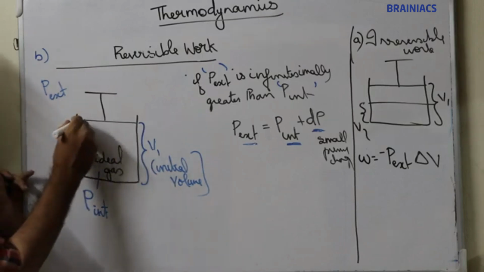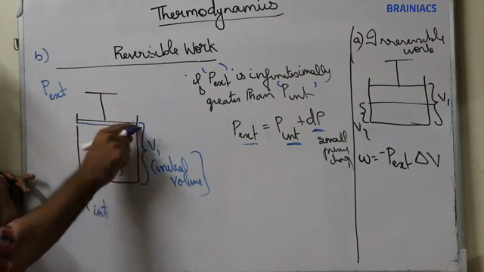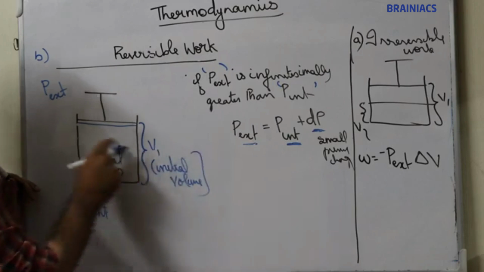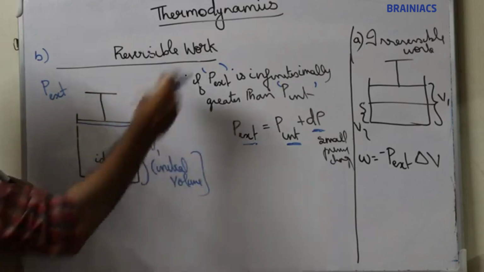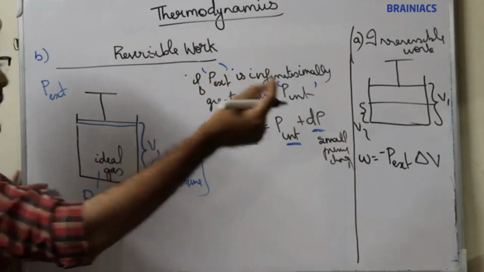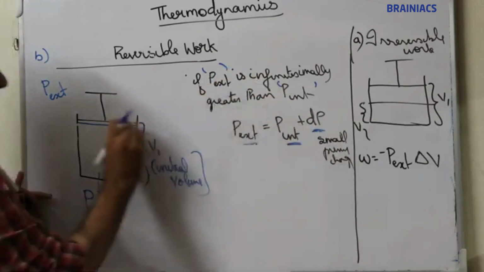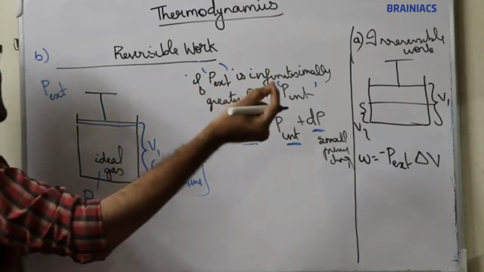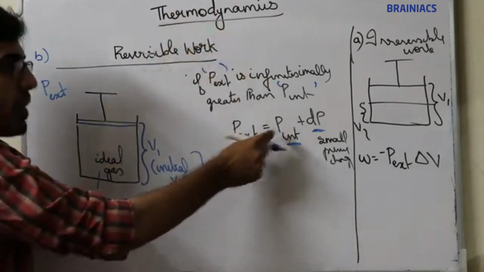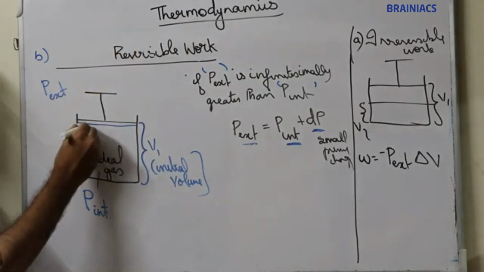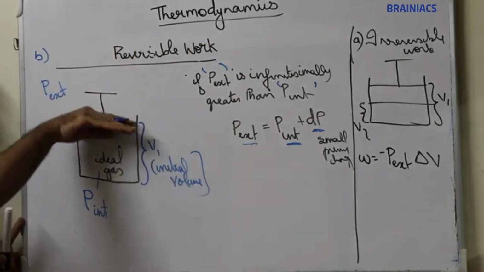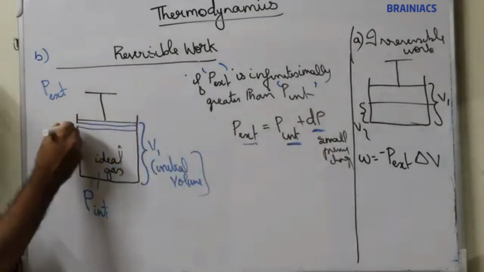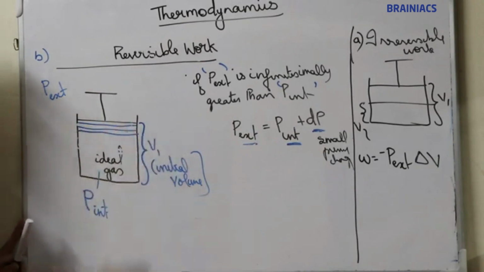Let the piston move till here. Now again, if external pressure is greater by a dP amount than internal pressure, the piston moves downwards again. After moving till here, again if external pressure is infinitesimally greater than internal pressure, it will move downwards again.